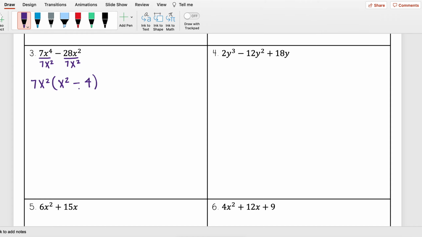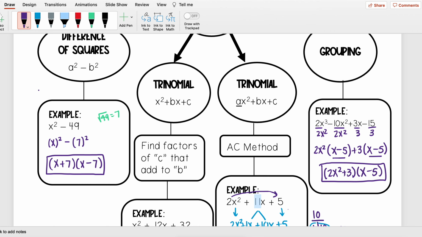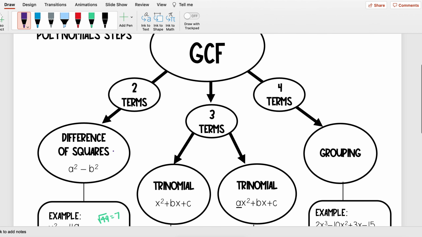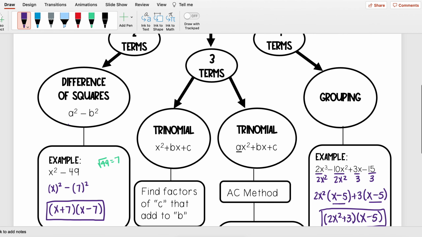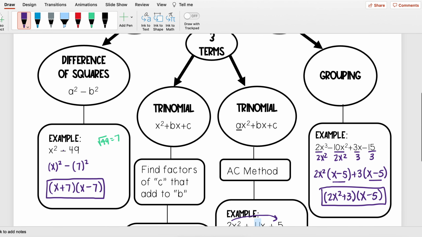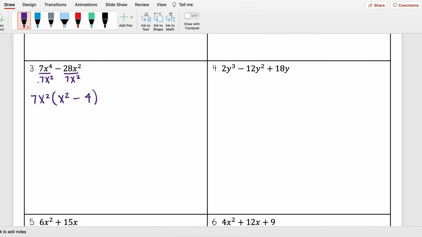Well, I see I have 2 terms here, so going back to my chart, I see when I have 2 terms, I want to see if they're a difference of squares. So can I rewrite it to be something squared minus something squared? Well, that one can be written as just parentheses x squared.